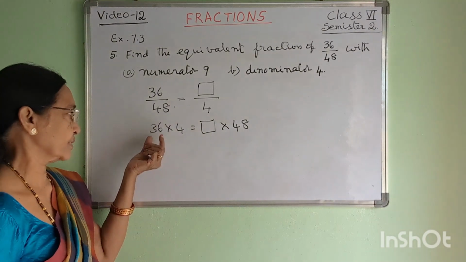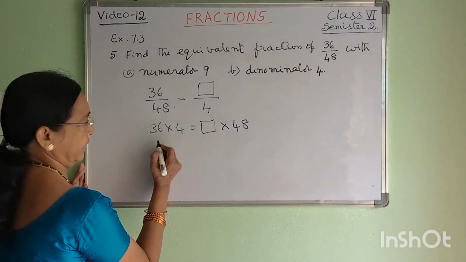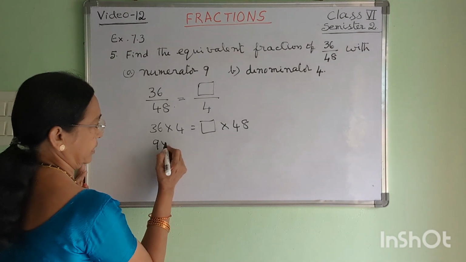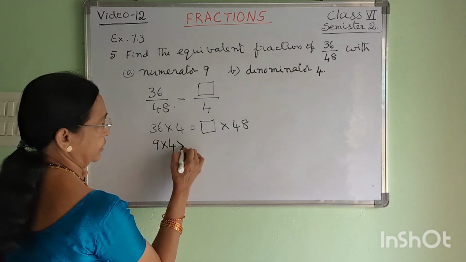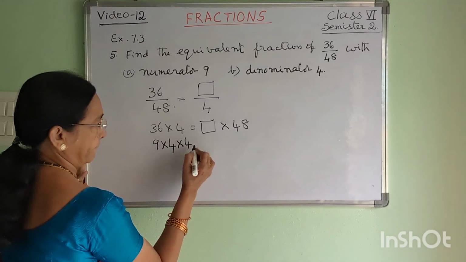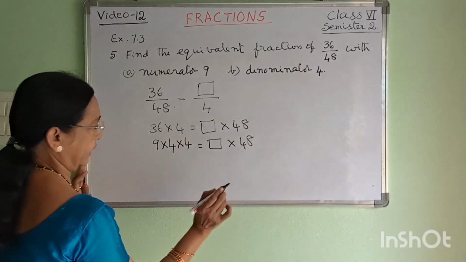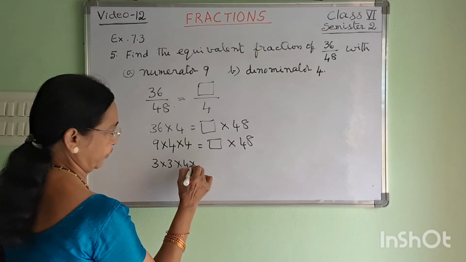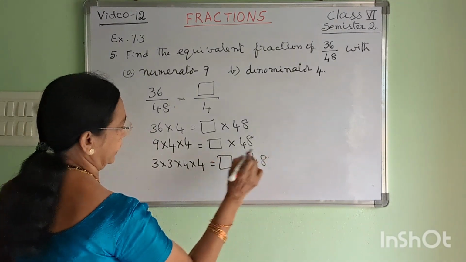Writing factors for 36, 36 can be divided into 9 fours. 9 fours are 36 into 4. That is equal to this blank into 48. Again 3 into 3 into 4 into 4 is equal to this blank into 48.